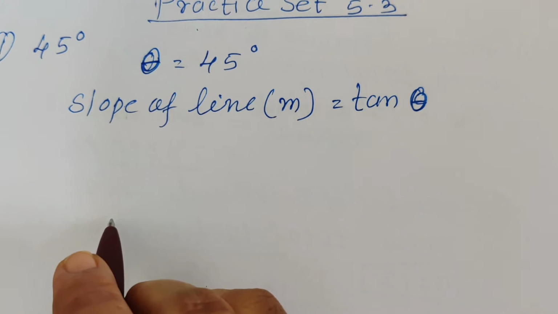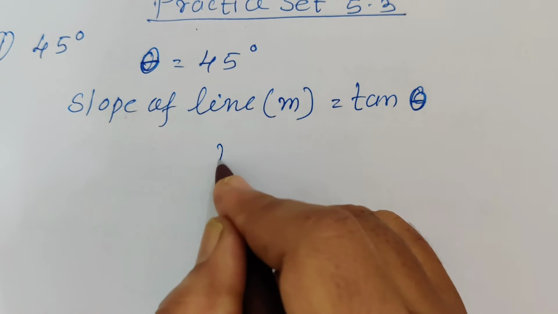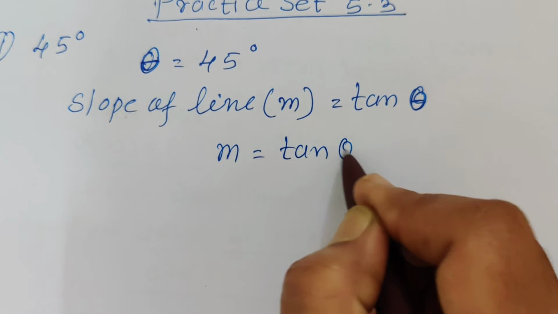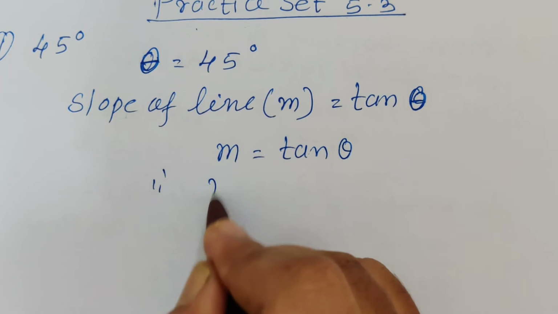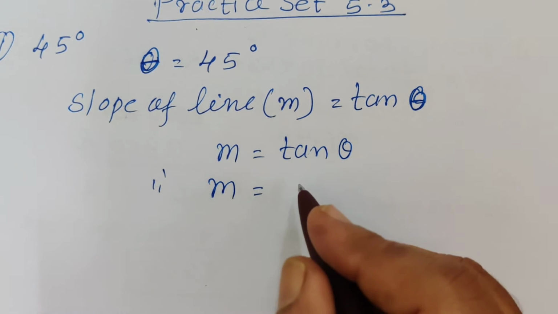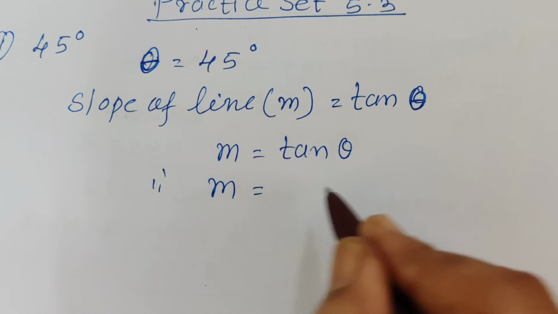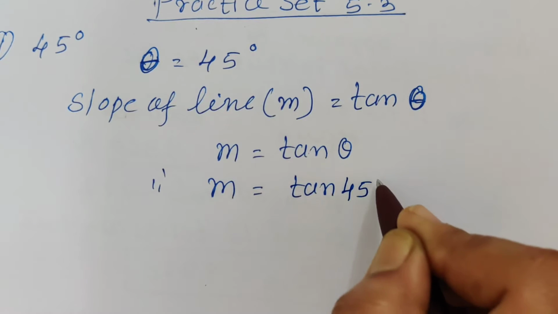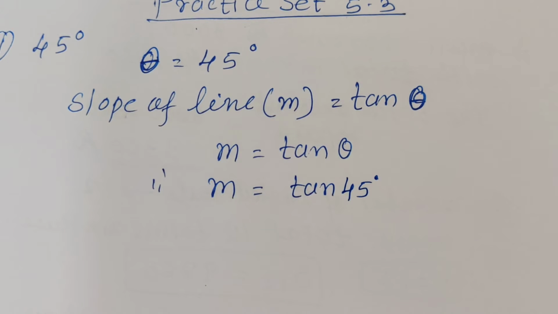And so M is equal to tan theta. That means M is equal to tan 45. And we have the value of tan 45.